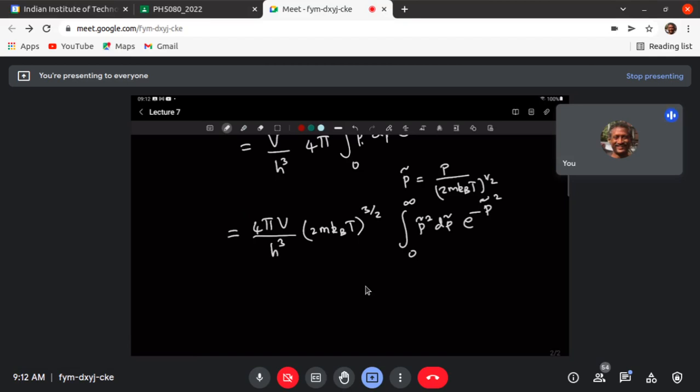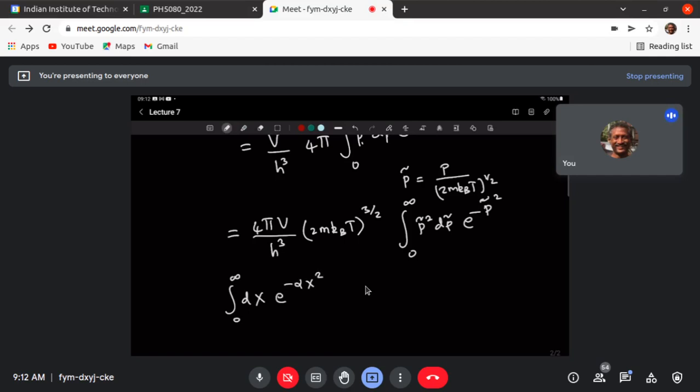So the integral of interest is 0 to infinity dx x square e to the power minus alpha x square, where alpha is some positive quantity.